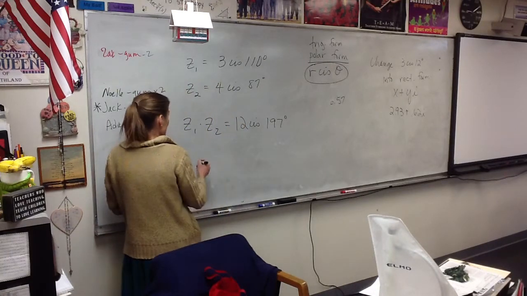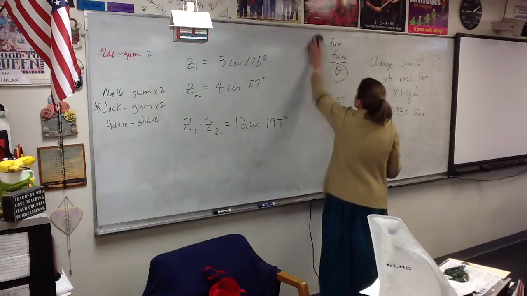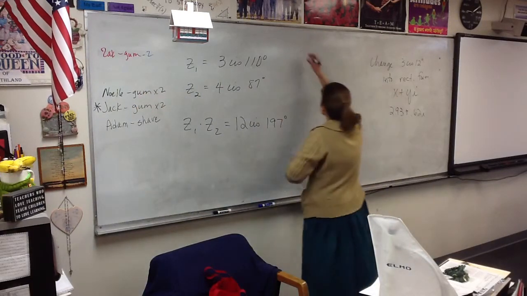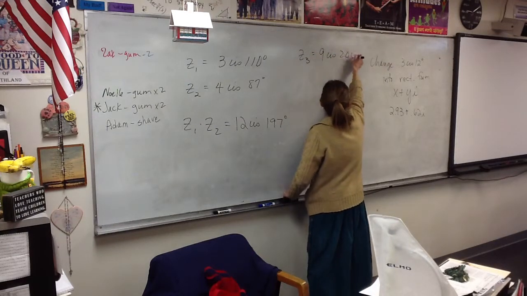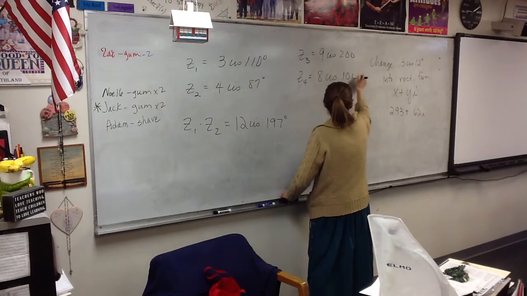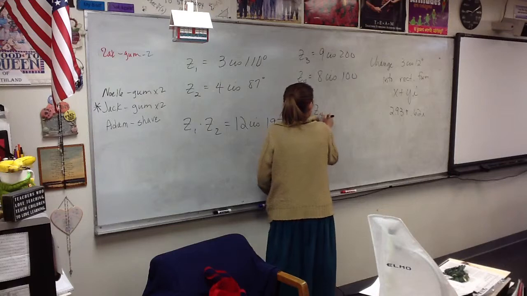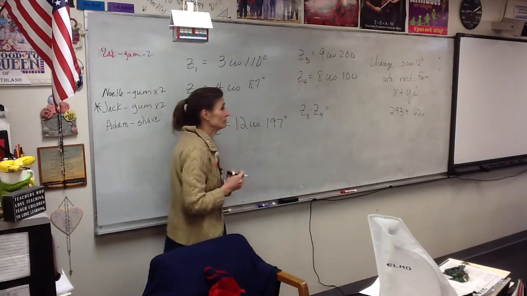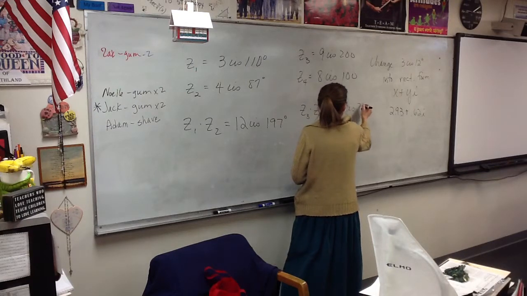So if I said Z sub 3 is 9 CIS 200 and Z sub 4 is 8 CIS 100, what would the product of these two numbers be? 72 CIS 300.